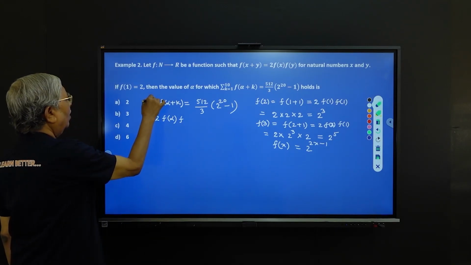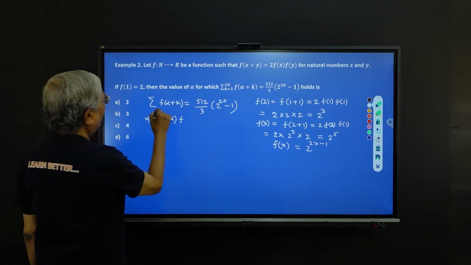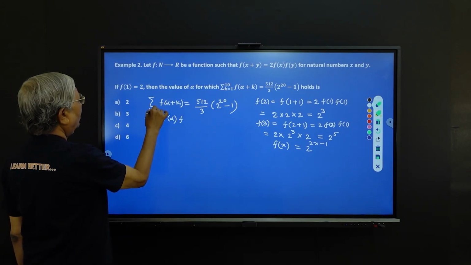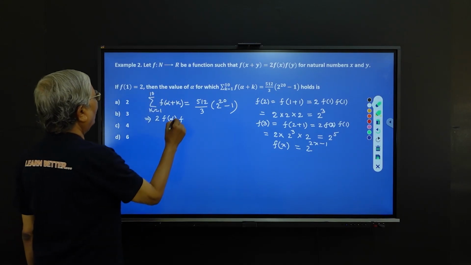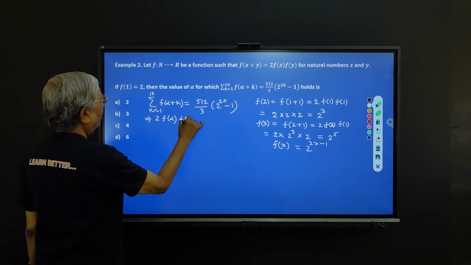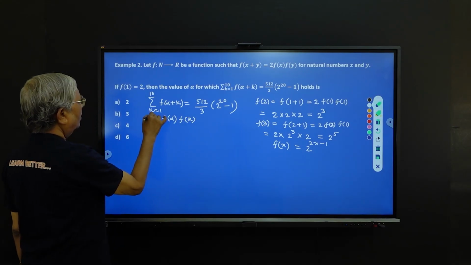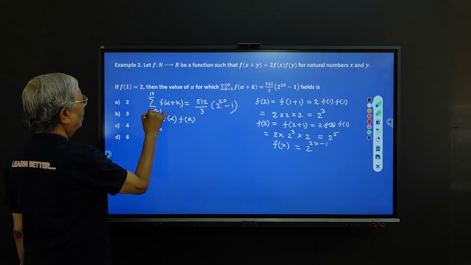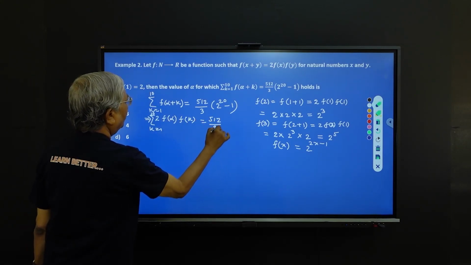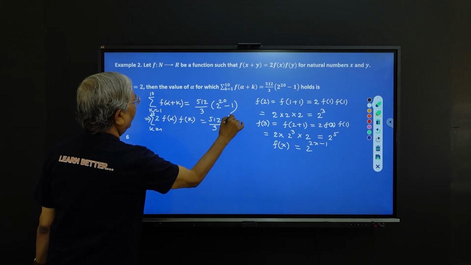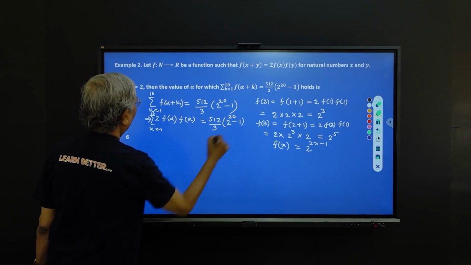sigma k equals 1 to 10 of f(α) into f(k) equals 512 by 3 into (2 to the power 20 minus 1).